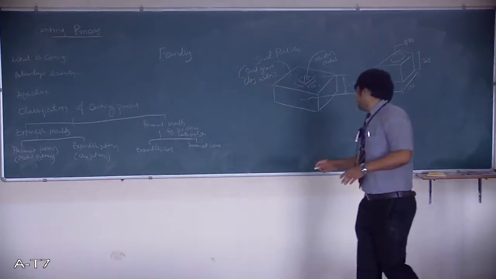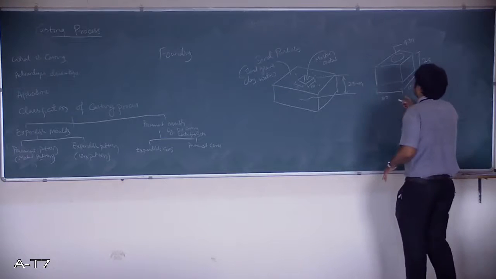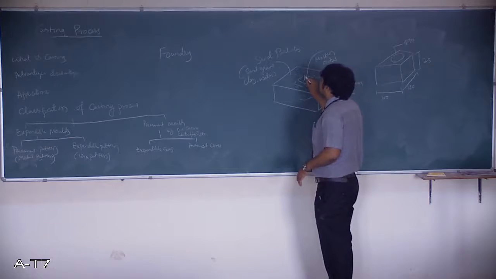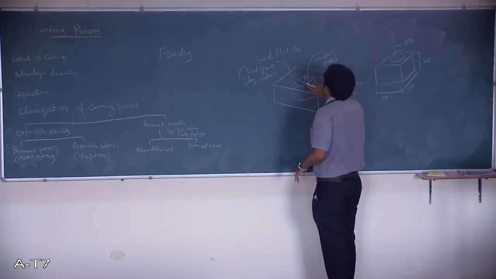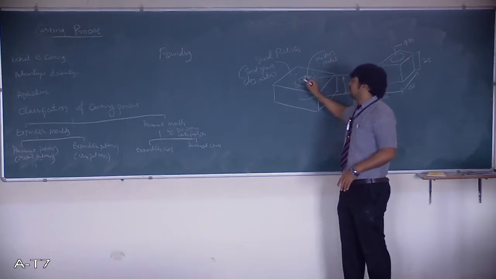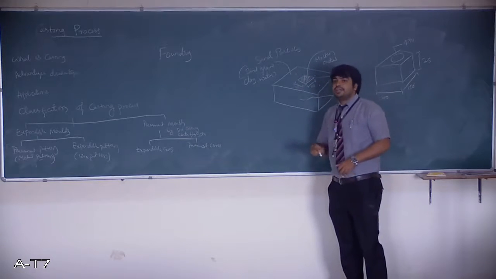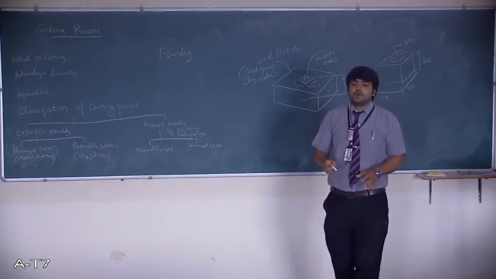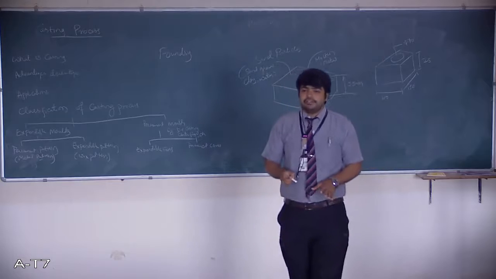So instead of drilling a hole in this particular slab, we are just going to place one sand cake at the exact location. So what happens, molten metal occupies this space but not this space. So that is why the hollow cavity will be formed. Okay, like that you can get the shapes very easily. Okay, complex geometries can be manufactured easily.